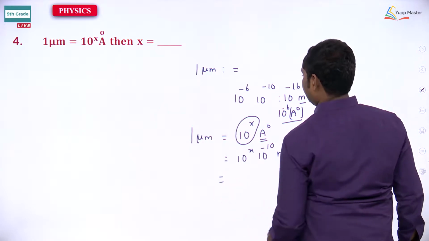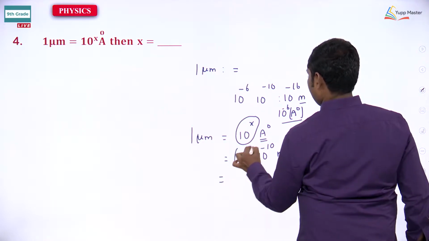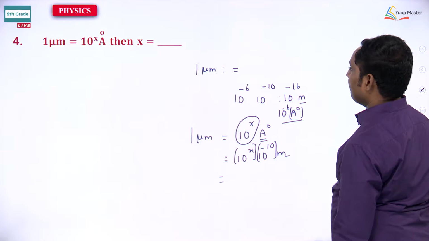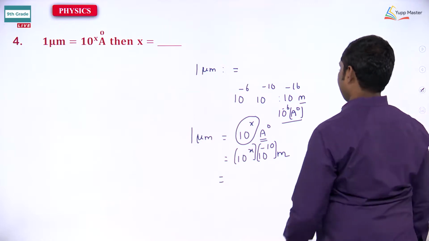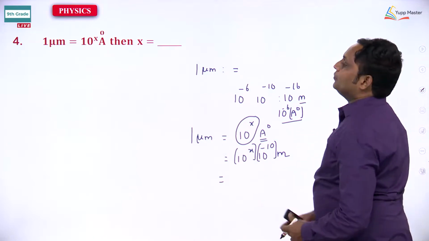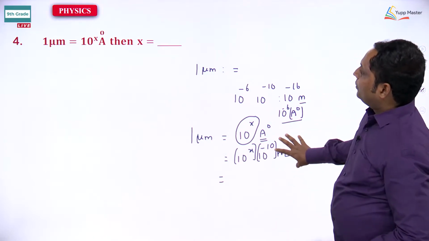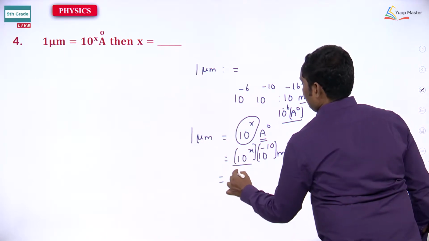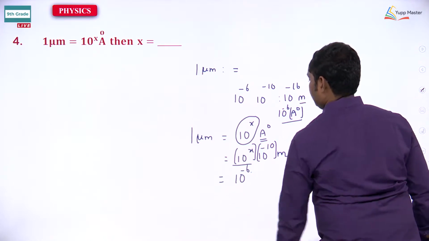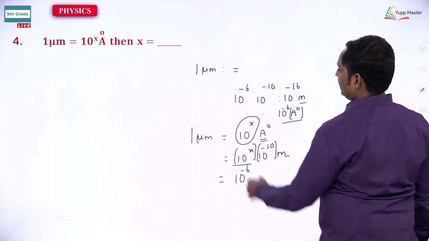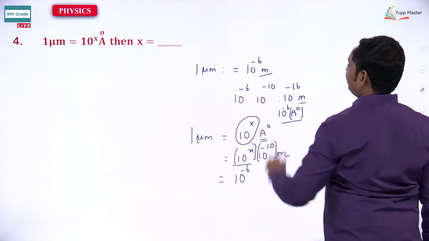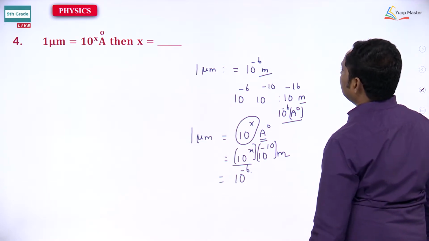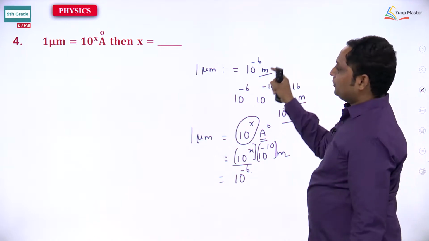Generally, 10 to the power of minus 6 meter, and 1 angstrom is converted into 10 to the power of minus 10 meter.